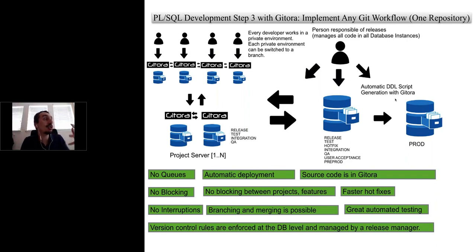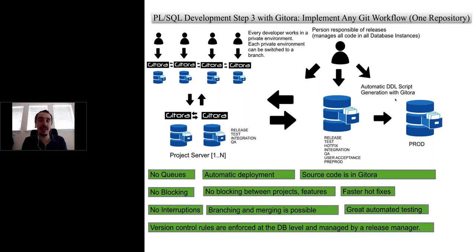You can give each project an integration server where they integrate with the rest of the development team, with the rest of the world, so they make sure they're integrated better before they release publicly. And then you get the ultimate productivity and ultimate implementation of version control and perfect DevOps.